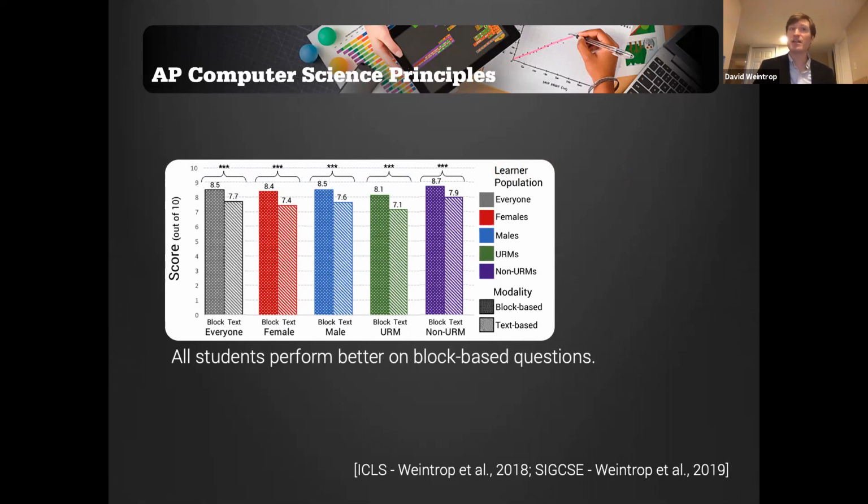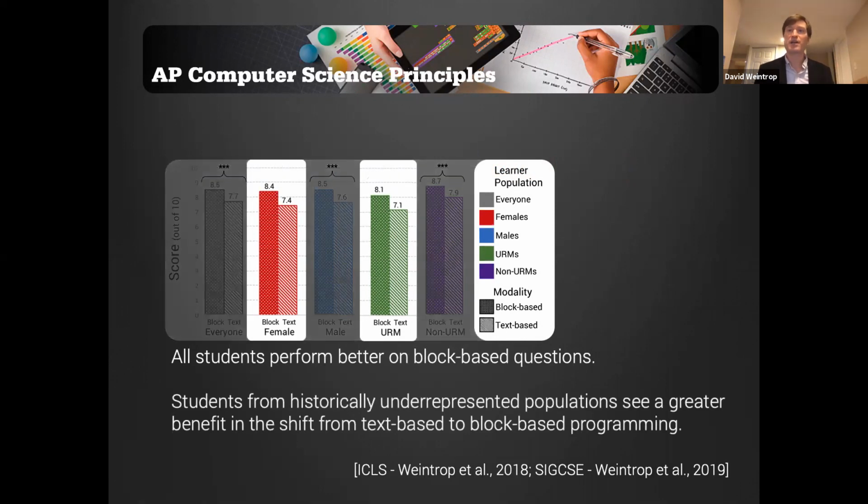But then interestingly, and I think very importantly, if we look at students who are historically underrepresented in computing fields, particularly female students and students from underrepresented minorities in computing as defined by code.org, those students actually saw greater benefit from the shift from text to blocks than their male or non-underrepresented counterparts, which I think is a really interesting and important finding.